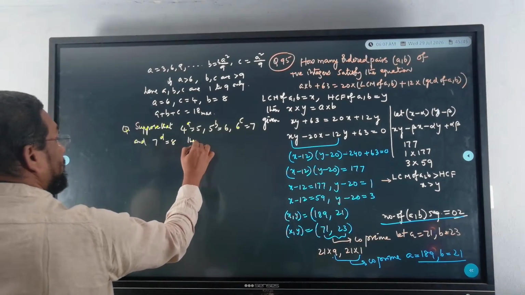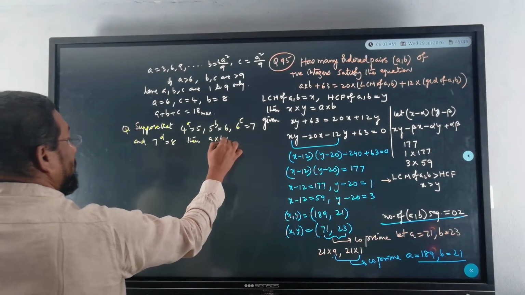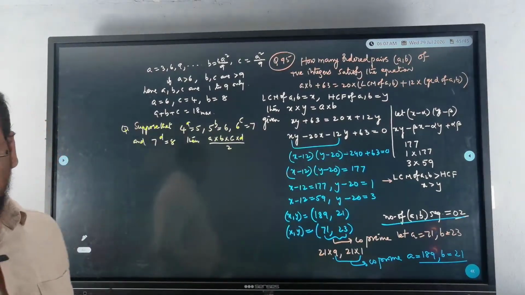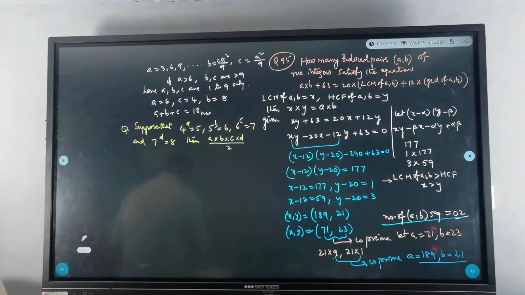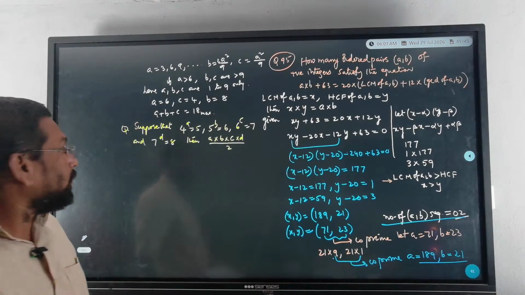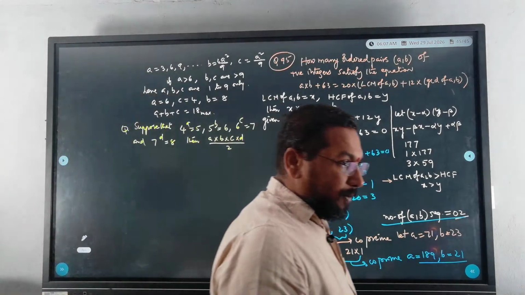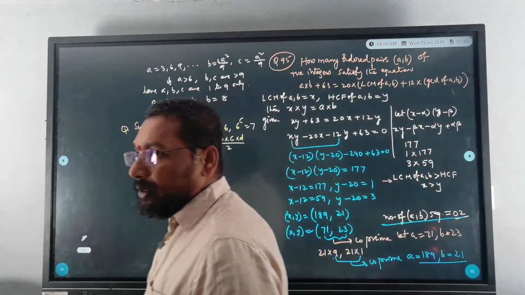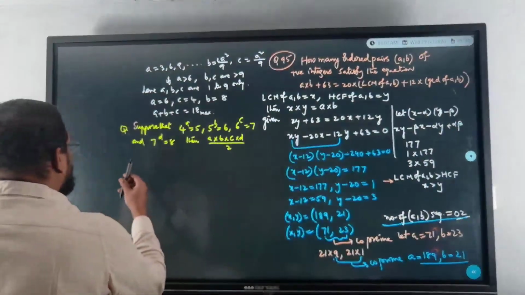Then what is A times B times C times D upon 2? It is a simple question only. This type of questions are there in our regular material also, in the exponents chapter.